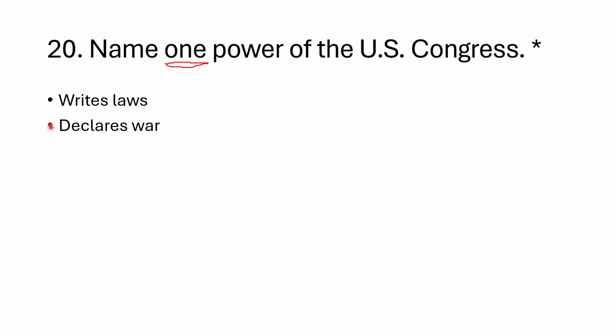Congress has the power to declare war. And that way, if Congress agrees to declare war, then it's more likely that the people will be supporting that. Congress makes the federal budget. The budget is the money plan, what they're going to spend every year. Now, the president actually makes recommendations, but the Congress makes the budget.